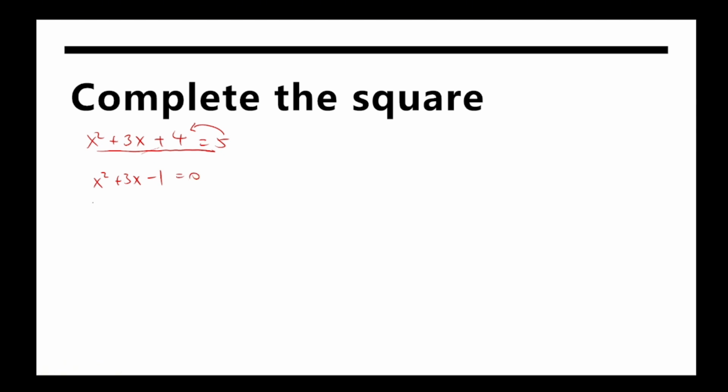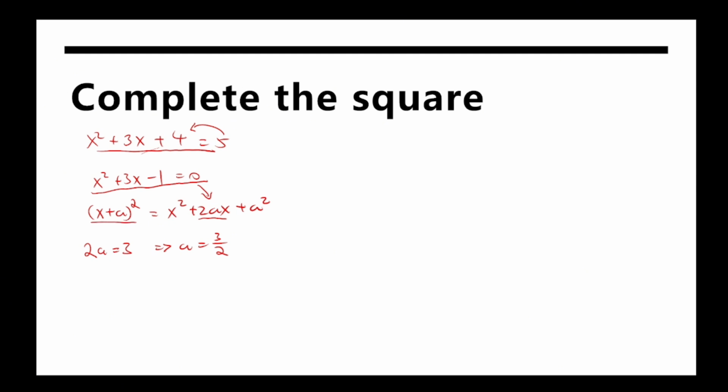So we know that a square expansion looks like this: x squared plus 2ax plus a squared. And we're trying to make the expression here into something like this. So starting with the second term, we have 2a equals 3, a equals 3 over 2.